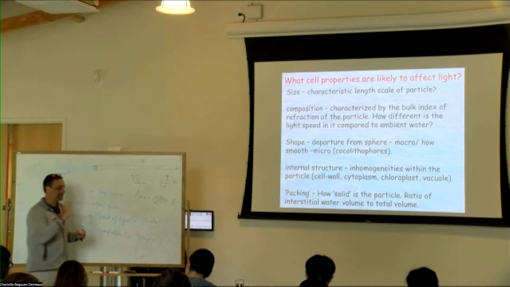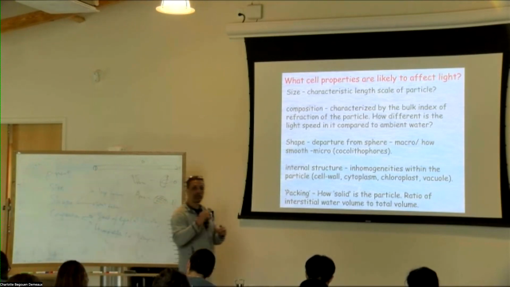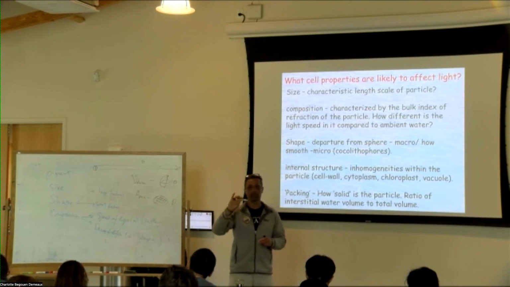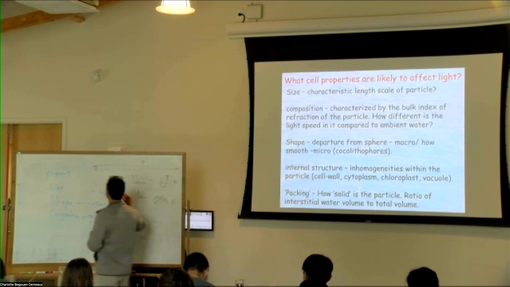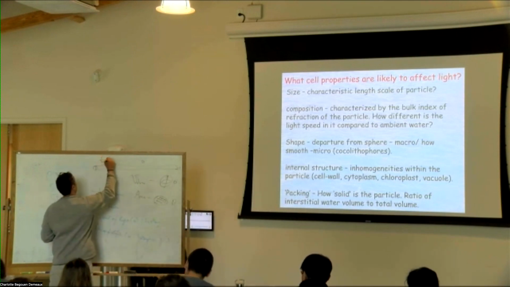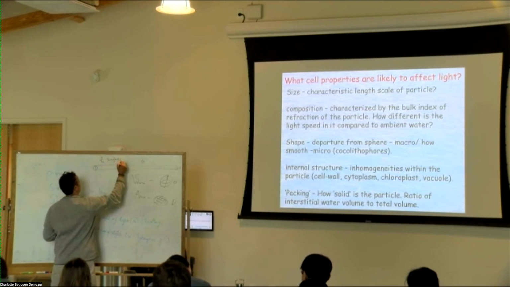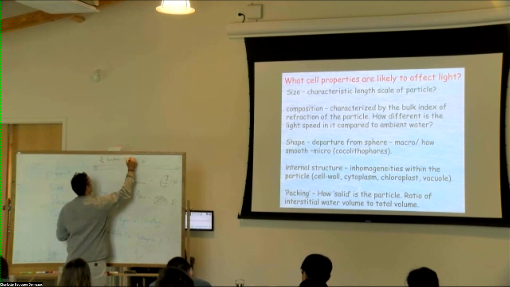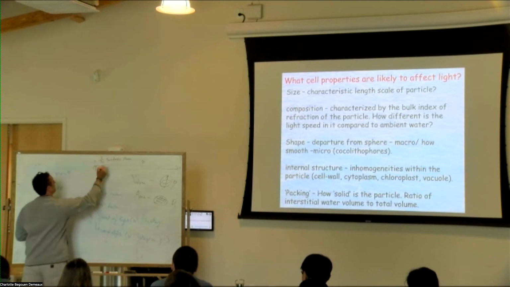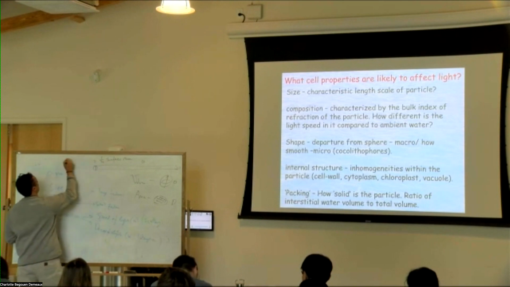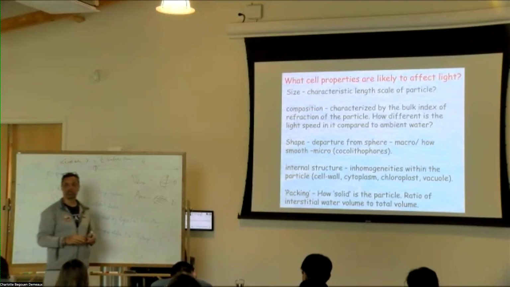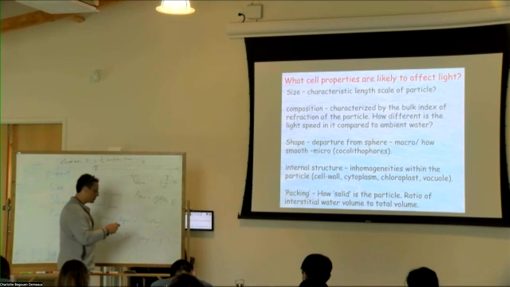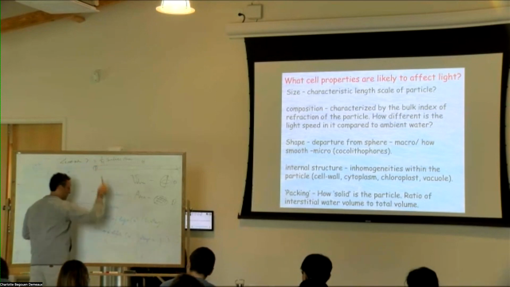The average cross-sectional area over all orientations, the average cross-section, equals a quarter of the surface area. One quarter of the surface area, and you know that it's true for a sphere. This is the average cross-section over all orientations. So if the ocean is turbulent or we're measuring, we're getting something here.